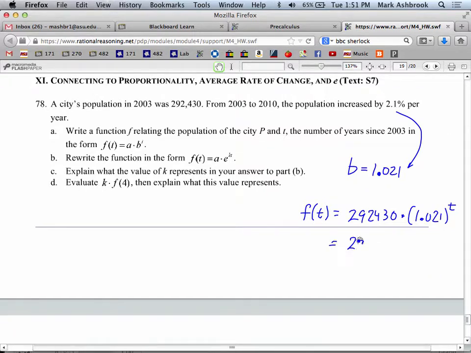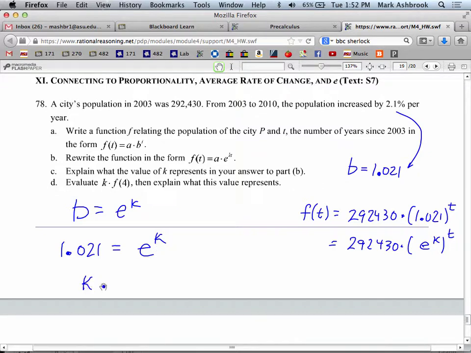So this is equal to, exact same function, just written a different way, e to the kt. So therefore, again, b equals e to the k. B is the true growth factor, representing the true percent change. K is the continuous rate.